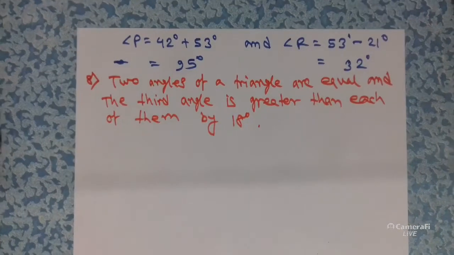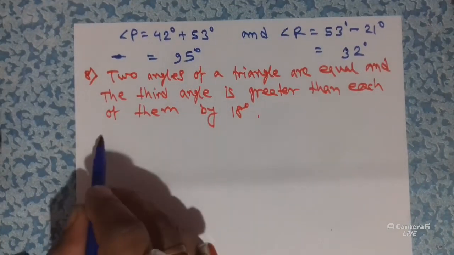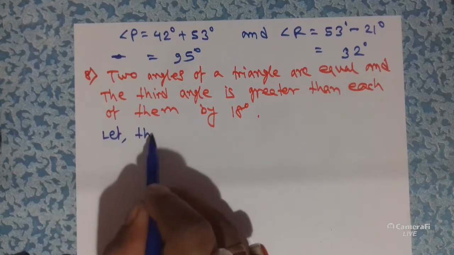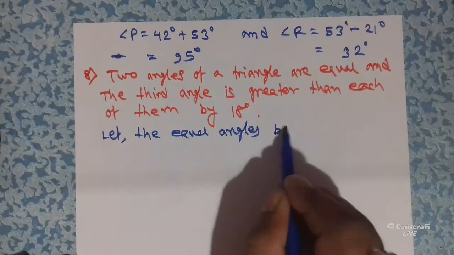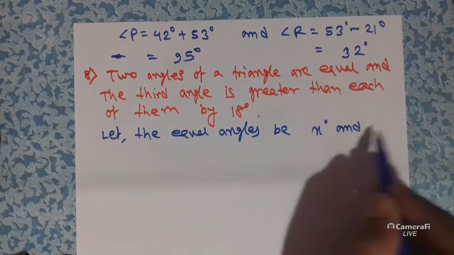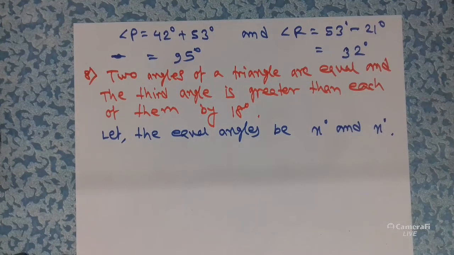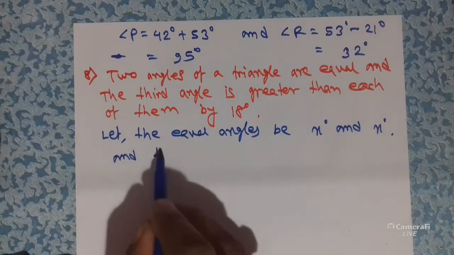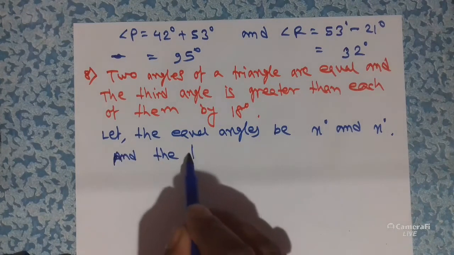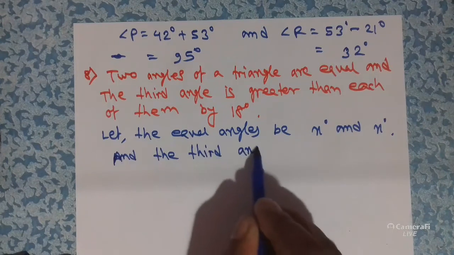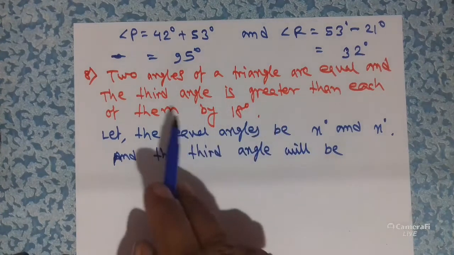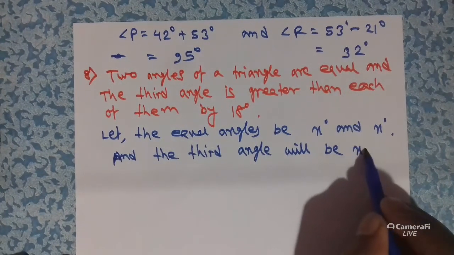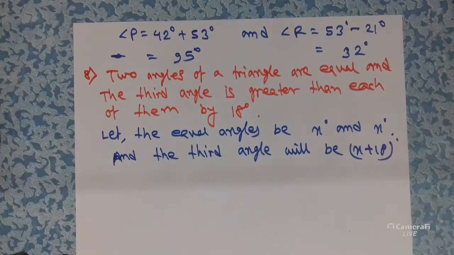So here at first we have to take, let the equal angles be x degrees and x degrees, because these two are equal. So two angles of a triangle are equal, and the third angle will be 18 degrees greater than each of the angles, so x plus 18.